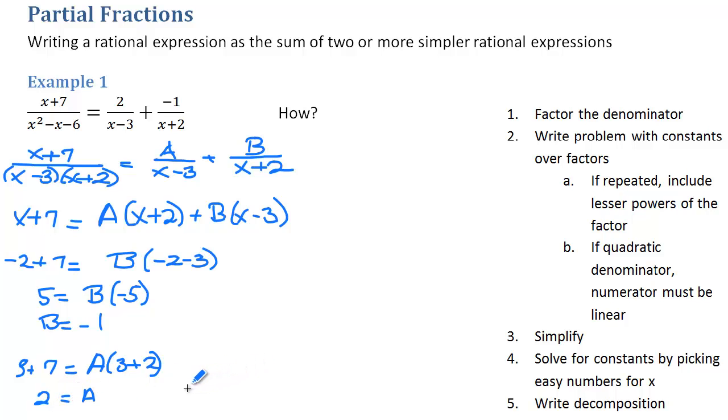So now we're ready to rewrite our equation. The x plus 7 over the quantity x squared minus x minus 6 is now equal to A over x minus 3 plus B over x plus 2.